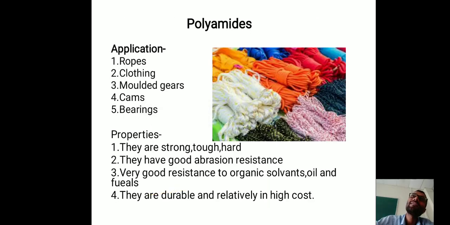So friends, clear? Likewise, in today's lecture we first took a review of the previous lecture, and after that we have discussed different thermoplastic materials in detail with their applications and properties, in which we have discussed polyethylene or polythene, then polyvinyl chloride PVC, acrylonitrile butadiene styrene means ABS, Teflon PTFE means polytetrafluoroethylene, and after that polyamides in detail.